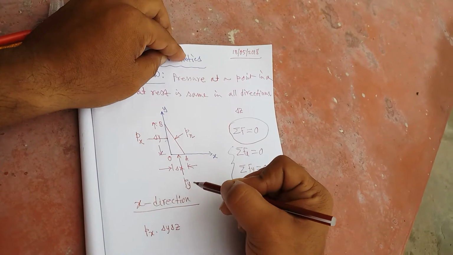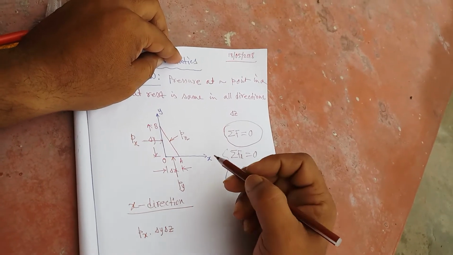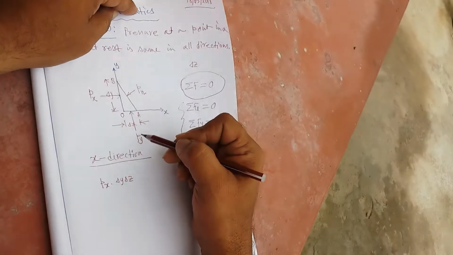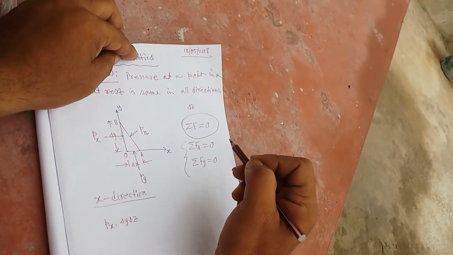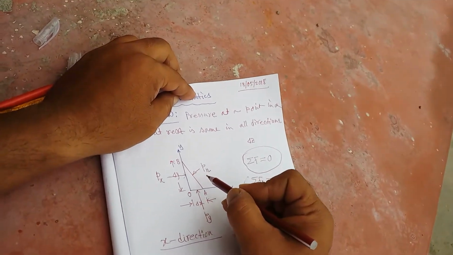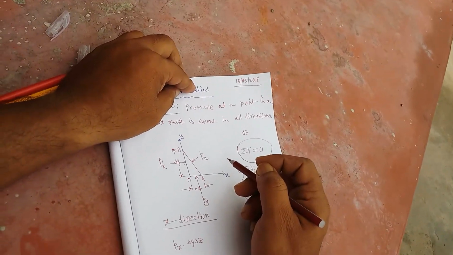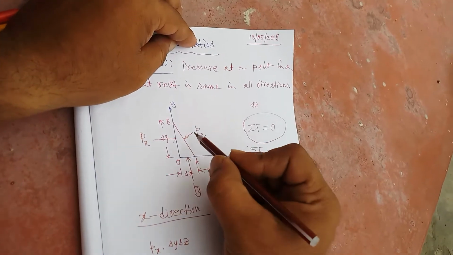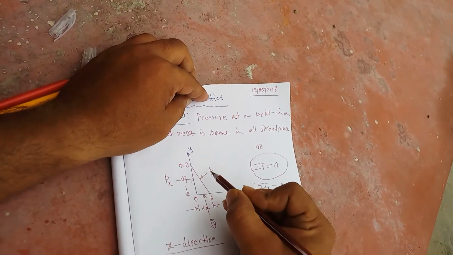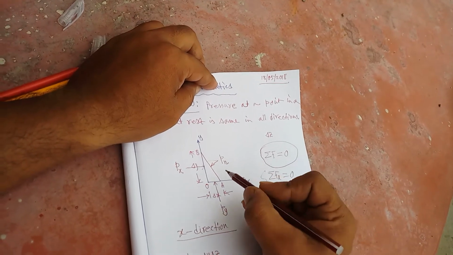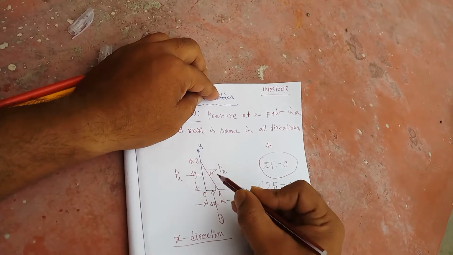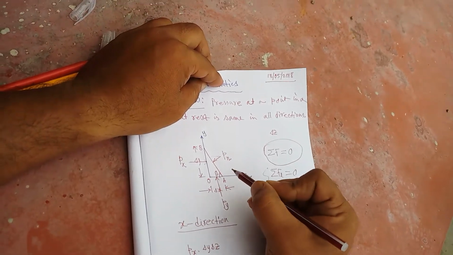Then consider the pressure Py. Here there will be no contribution of Py in the direction of x because the y direction is perpendicular to x. But there will be one component of Pn in the direction of x. What is that component? First you draw a horizontal line from here like this. Suppose this angle, the angle OAB, is taken to be theta.